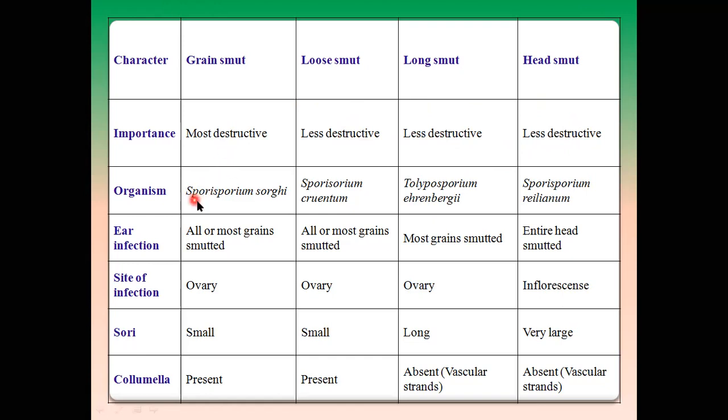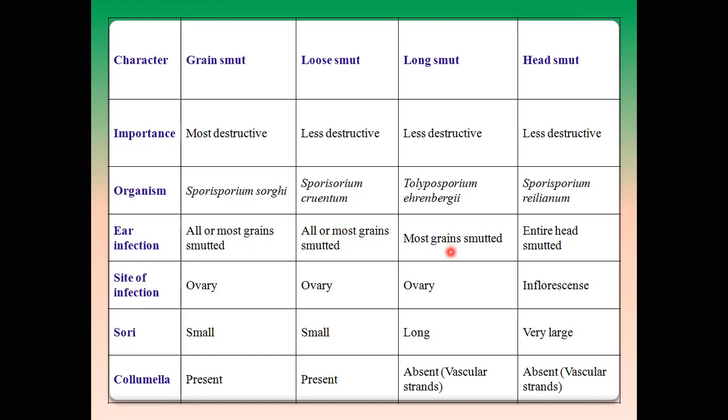Then causal organisms: Sporisorium sorghi, Sporisorium cruentum, Polysporium ehrenbergii, and Sporisorium reilianum. Then ear infections: in grain smut, only a few grains, or each grain, is converted into smut sori. This condition is also seen in long smut.